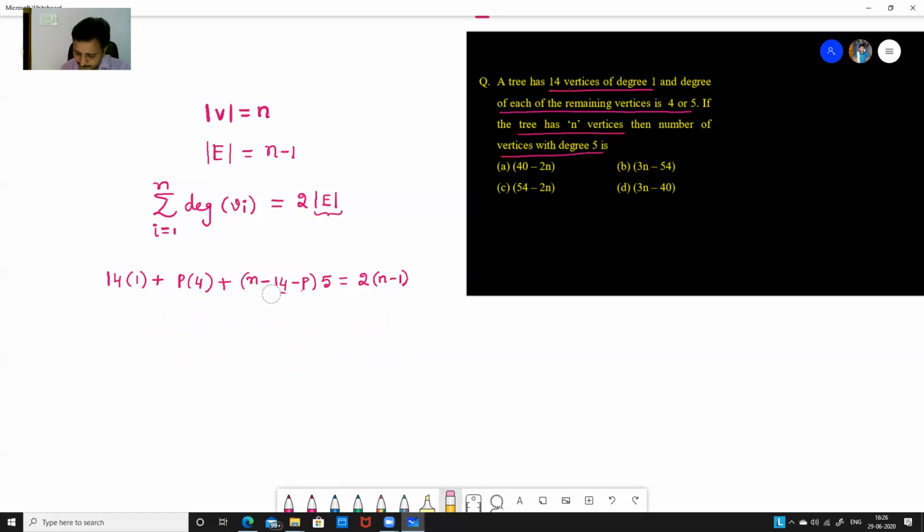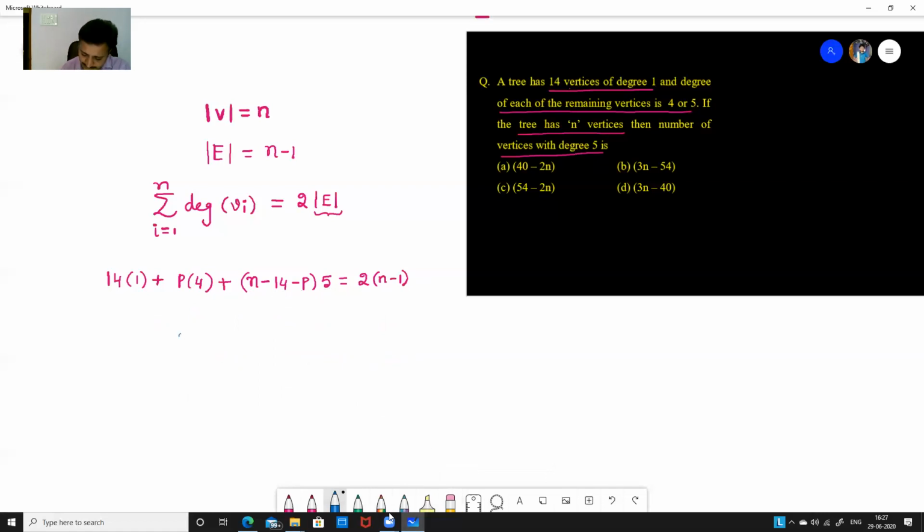I want to find only this part, right? I want to find only the n minus 14 minus p value. So there is no need to do the complete calculation.